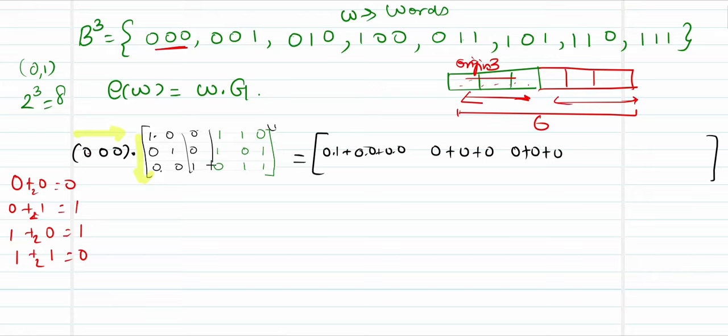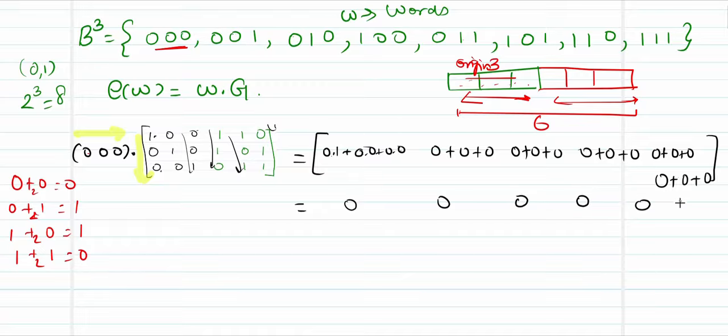Next column 4: 0 ones are 0, 0 ones are 0, 0 zeros are 0. Next column 5: 0 ones are 0, 0 ones are 0. And the last column: 0 into 0 is 0, 0 into 1 is 0, and 0 into 1 is 0. Now I can make this 0 plus 0 plus 0, which is 0. Again 0 plus 0 is 0. 0 plus 0 plus 0 gives me 0. Third 0, fourth, fifth, sixth.